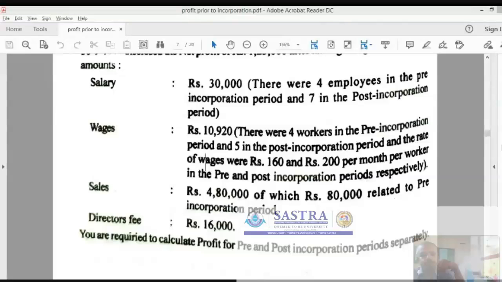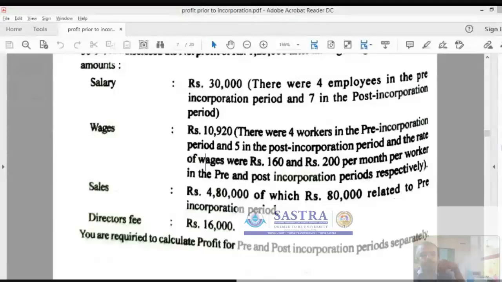Should we take the date of commencement of business or the date of incorporation?